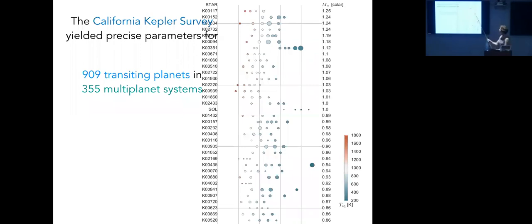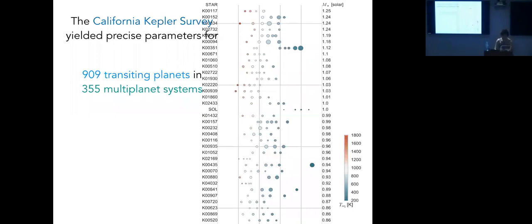So I made this plot, which is showing the architectures of all the systems that host 4 or more transiting planets. They are ranked by stellar mass, with high stellar masses at the top and low stellar masses at the bottom. And the star names are on the left. And oops, it's cut off at the bottom, but semi-major axis increases toward the right. The planet sizes are drawn to scale.